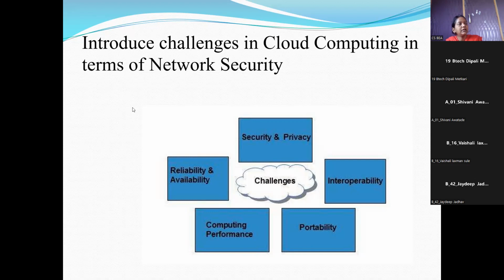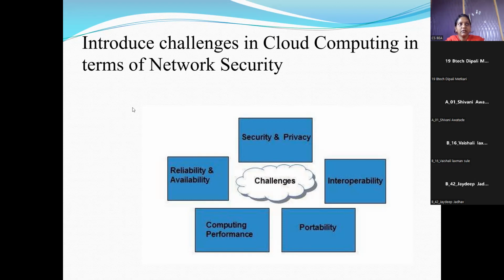And next is the reliability and the availability. It is necessary for the cloud systems to be reliable and robust, because most of the businesses are now becoming dependent on services provided by third parties. Here the businesses are using the data on the cloud.